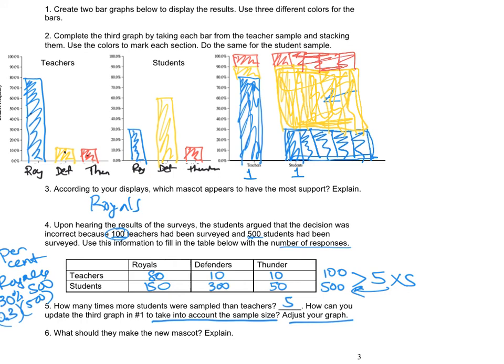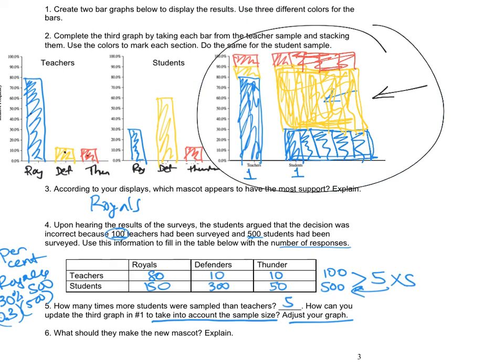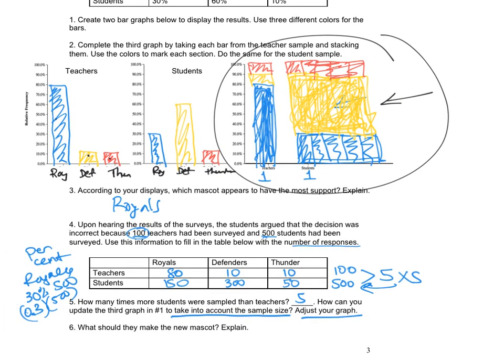That's how many. So when you look at the overall graph, it's pretty obvious what the biggest area is. It's right here, defenders, okay? Just because the teachers, the 100 that they chose, wanted Royals, it's really the defenders that had the most support behind it. So let's go ahead and answer this last question.